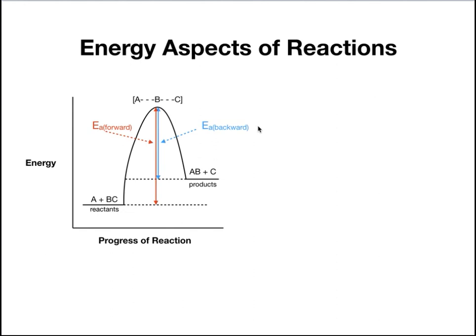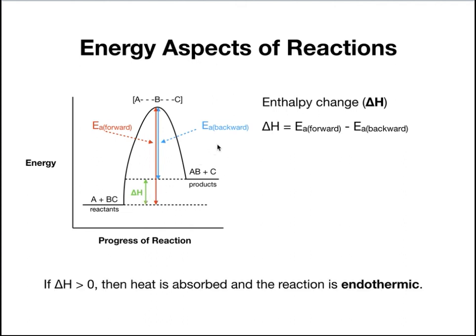Okay, so we still define the enthalpy change as the activation energy for the forward reaction minus the activation energy of the backward reaction. Notice here that this is going to be a larger number than this. Okay, so delta H is still going to be the difference between both of those, indicated by this green arrow here. Okay.